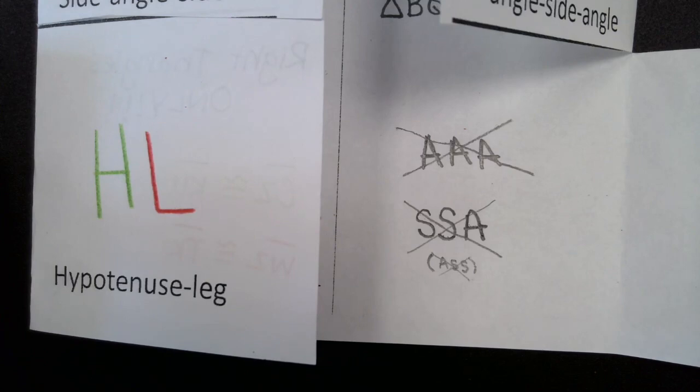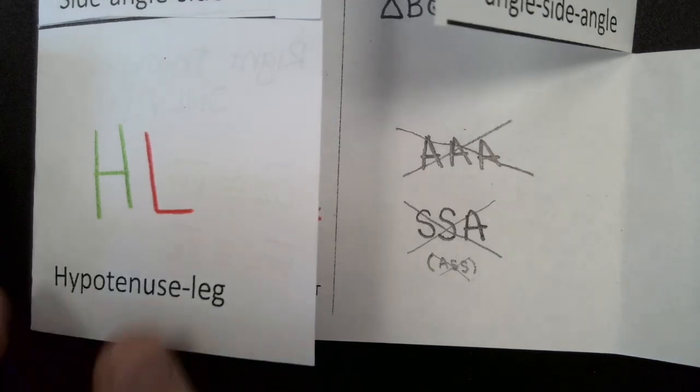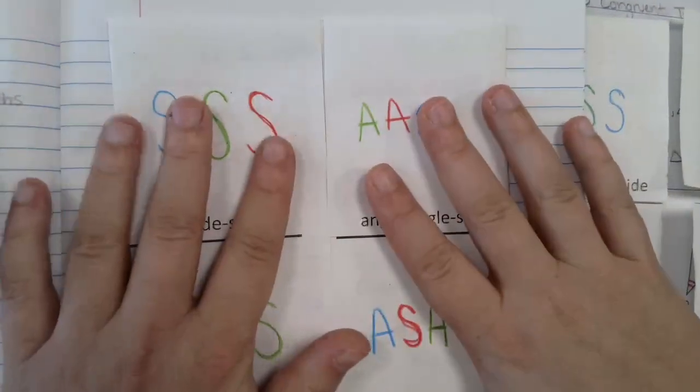Alright? Alright, so go ahead and you're going to glue this into your notes. We're going to be doing this with proofs tomorrow. Today is just going to be about identifying which theorem you can use. Looking at it, deciding. Tomorrow we're going to actually do this with proofs. If you want to label it, you can label it 4-4 and 4-5 congruent triangle theorems. If that makes your heart happy, to make sure that you have a label on it, because everything needs a label.